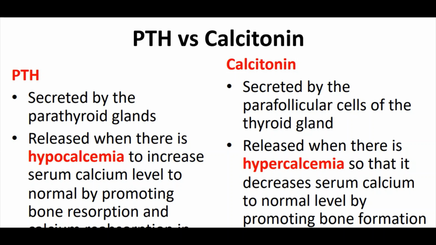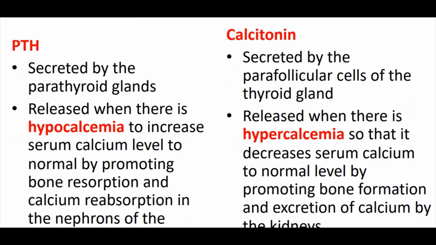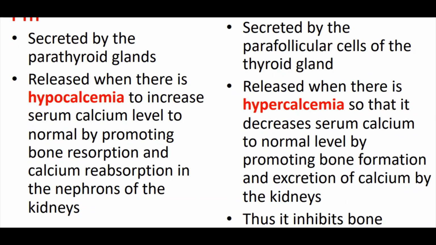Calcitonin is secreted by the parafollicular cells of the thyroid gland. PTH is released when there is hypocalcemia to increase serum calcium level to normal by promoting bone resorption and calcium reabsorption in the nephrons of the kidneys. So these are the two processes by which calcium in the body is increased.